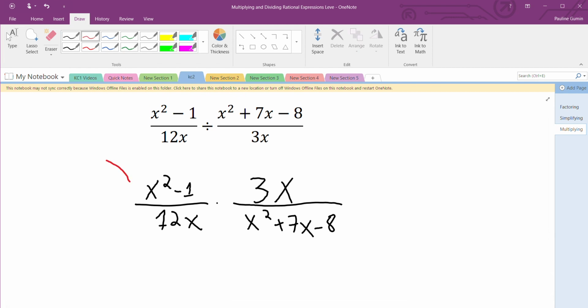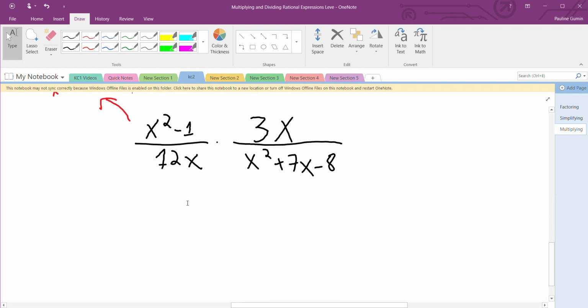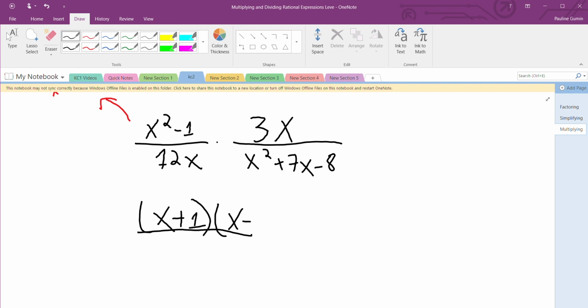All right, so we have a multiplication problem, which means let's begin factoring. Just like in that last one, we have x squared plus 0x minus 1. We just don't write that 0x in, which means this top part, two numbers that add up to 0 and multiply to -1 would be positive and negative 1. 12x is a monomial.